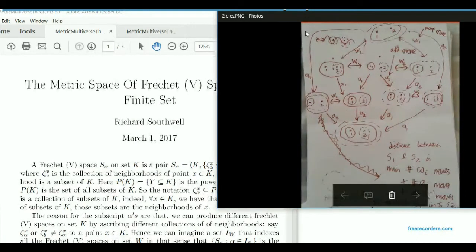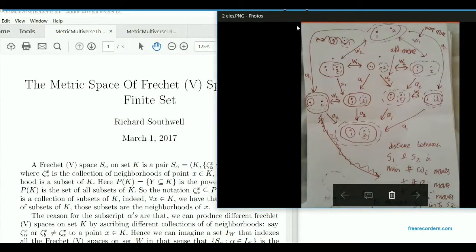The way I've illustrated this, you'll see nine different spaces, and they're indicated by a point 1 and a point 2, and then there are some solid circles, which represent neighbourhoods of point 1, and some dotted circles, which represent neighbourhoods of point 2. In each of these systems, point 1 is associated with a collection of neighbourhoods.